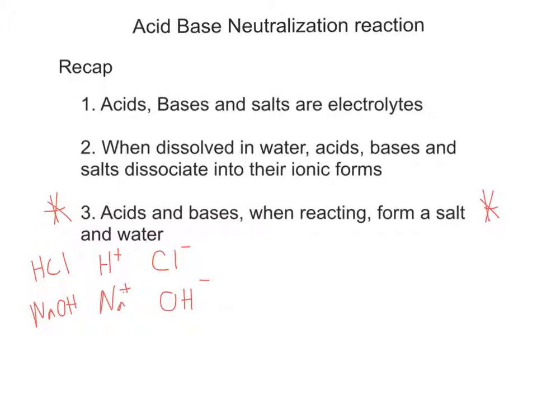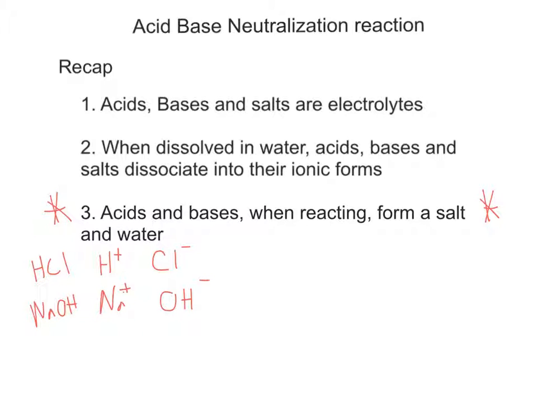And as we said in the last video, basically what's happening is that the ions are doing a partner swap. So that means our positive ion here is going to change the negative ion it was attached to, and our positive ion here is going to change to a new negative ion.